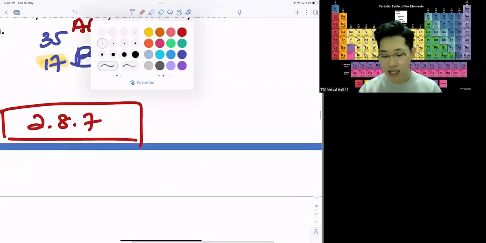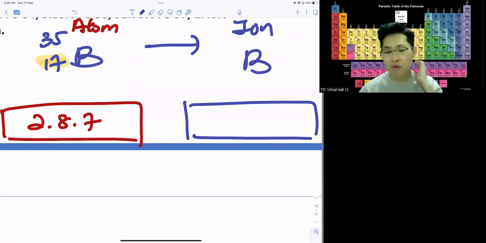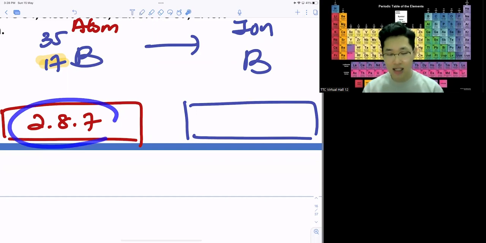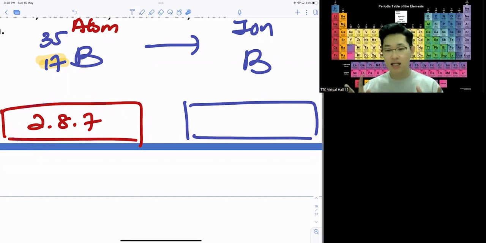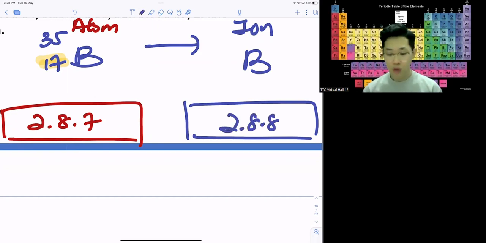If the question asks you, hey, what is the electron arrangement of ion B? What would be your answer? Try to make this perfect. Yes, it's going to be 2, 8, 8. We can choose to plus or minus. You see, if I minus, I go to minus 7. If I plus, I just have to add another 1. So I will choose plus 1.